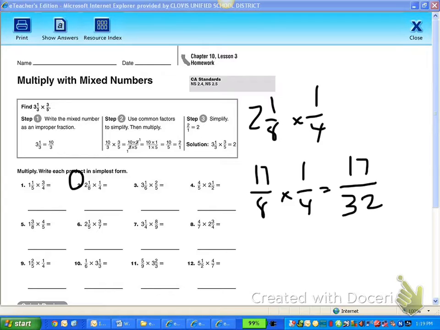So 17 over 32 would be your final answer because 17 is prime and cannot be reduced. So number 2 is 17 over 32.